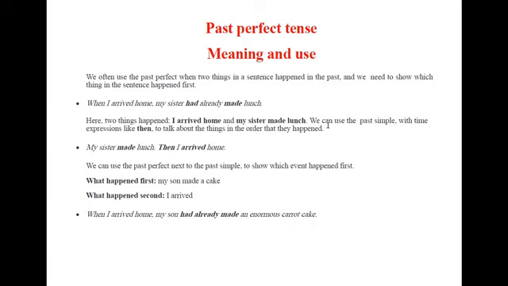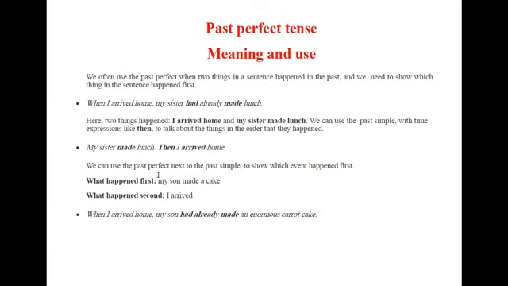We can use the past simple with a time expression like "then" to talk about things in the order that they happened. My sister made lunch, then I arrived home. You can change the order of the sentences.